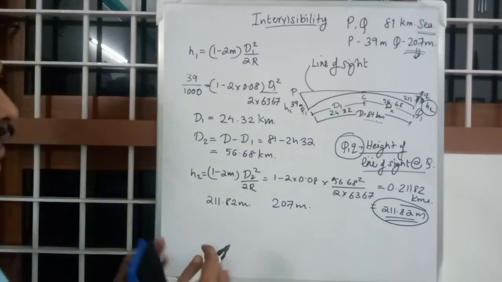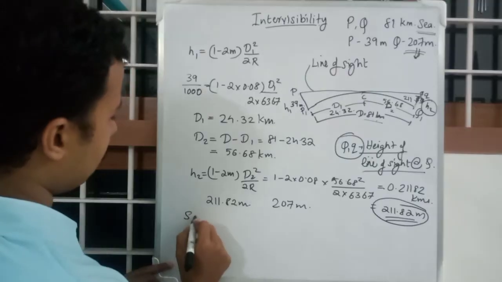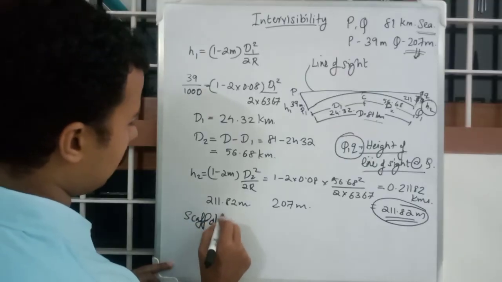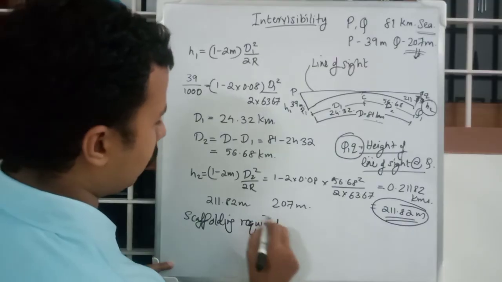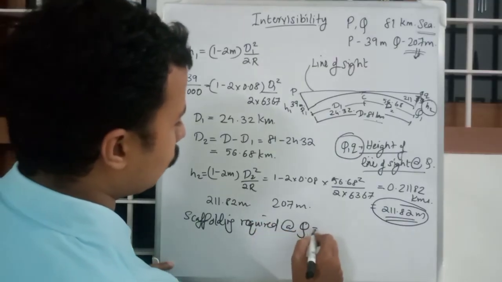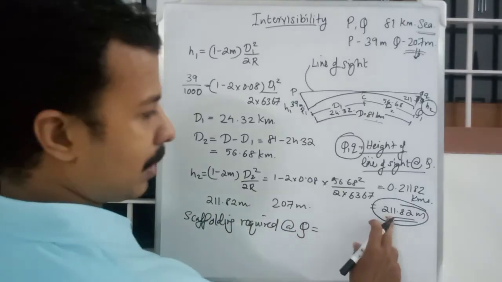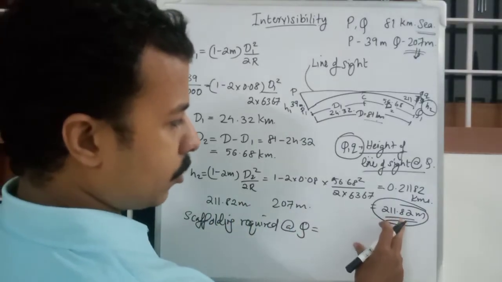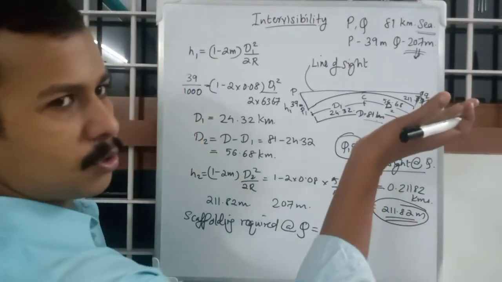This elevating or heightening of Q is called scaffolding. Scaffolding required at Q is equal to the difference of both values. Line of sight is passing through 211.82 meters. We have to increase the 207 height to 211.